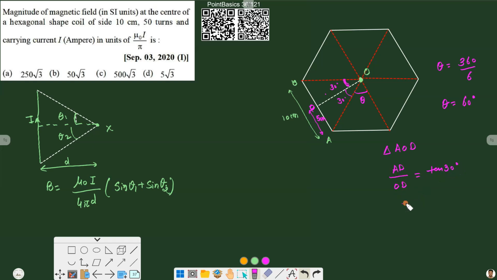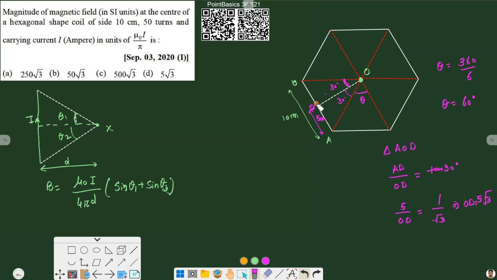AD is 5, and tangent 30 is 1 by root 3. So OD, or the base, comes out to be 5 root 3. So our distance is 5 root 3.